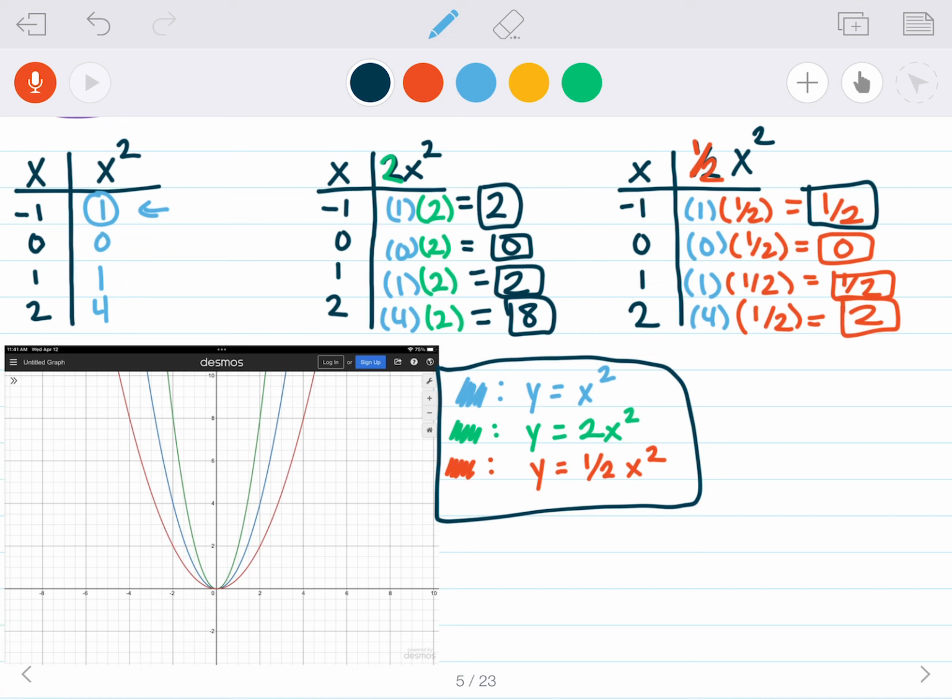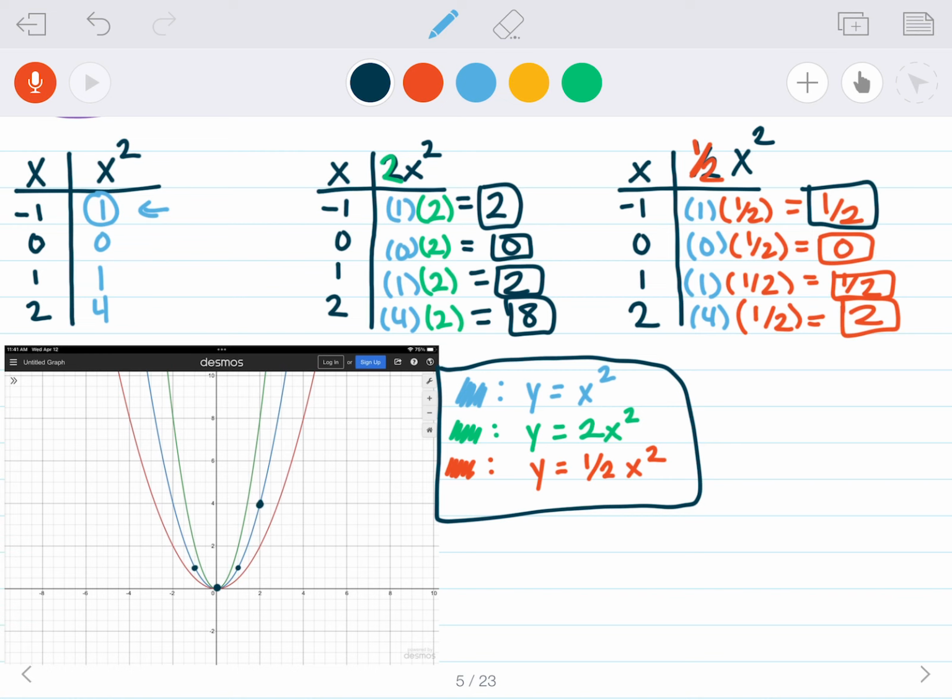So I'm going to plot my key points on my parent graph first, which is -1, 1. I just want to make sure you guys really see what's going on here with these points and how the points are moving. Then we have 0, 0, 1, 1, and 2, 4.